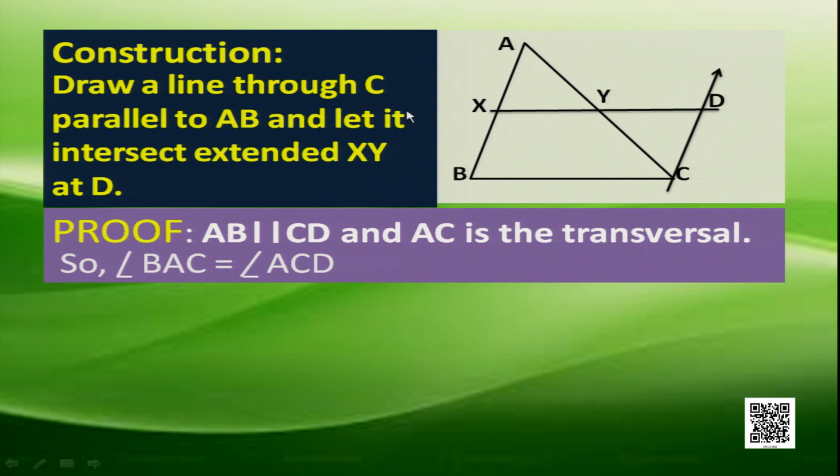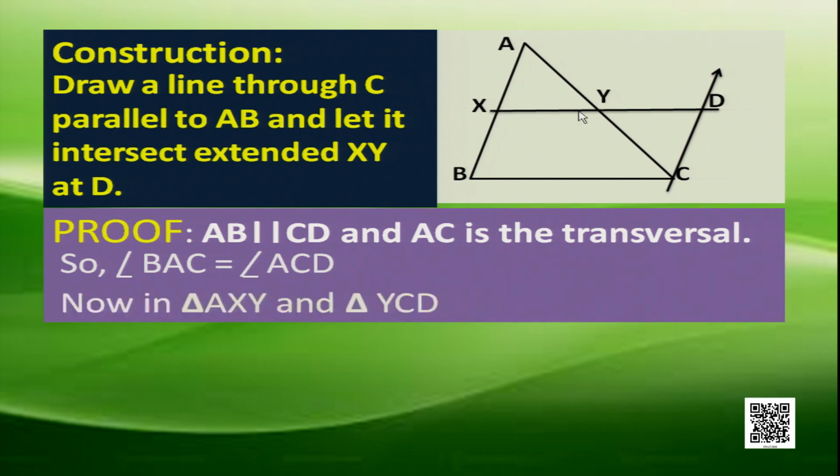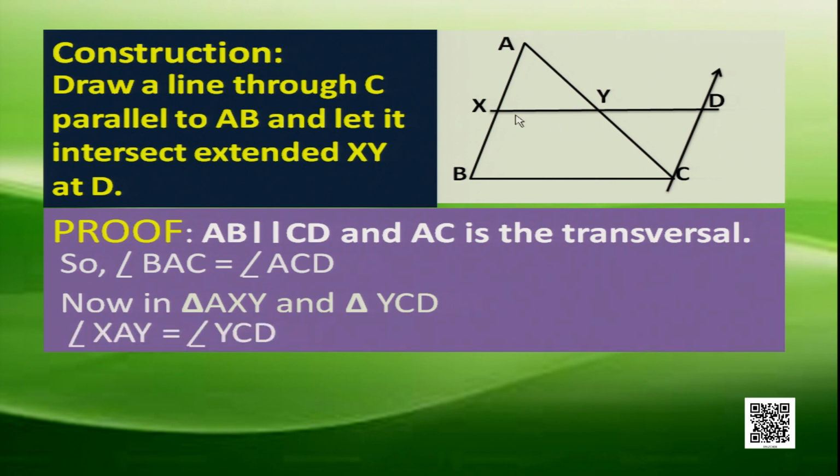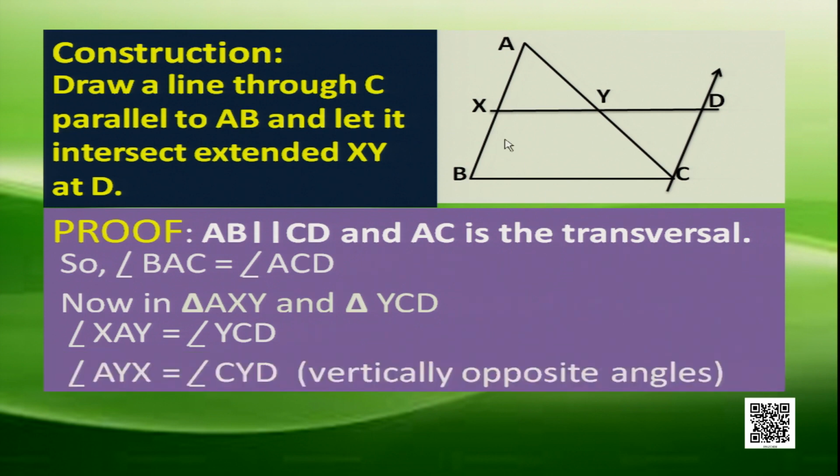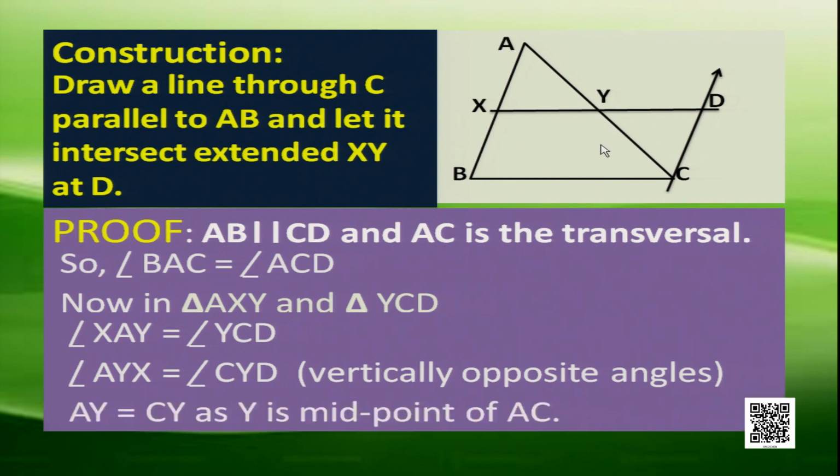Now, you see, in triangle AXY and triangle YCD, what are equal? We know that angle XAY is equal to angle YCD, because we have proved that BAC is equal to ACD. Now, AYX and CYD are vertically opposite angles, so they are equal.